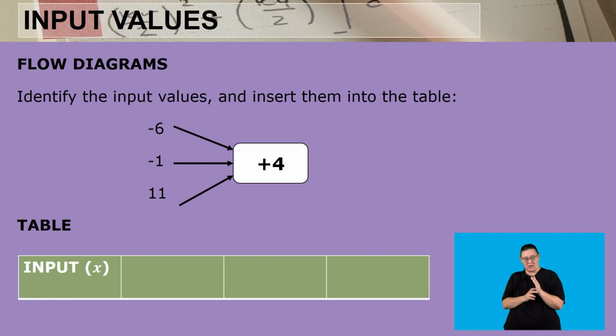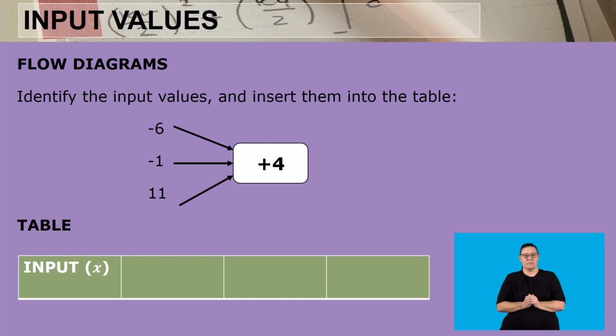Even in our table, there is a space for our input value, and that is usually the first part of our table. Looking at that flow diagram, we have three input values: -6, -1, and 11.